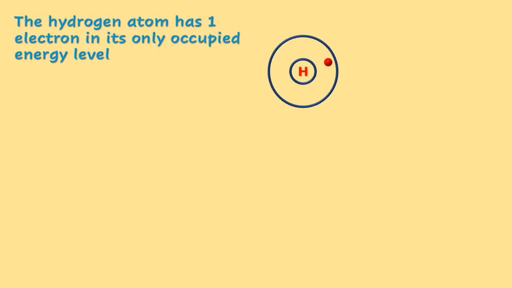Let us consider hydrogen. Hydrogen has only one electron and therefore only one occupied energy level. Let us look at the rules for filling the energy levels of an atom.